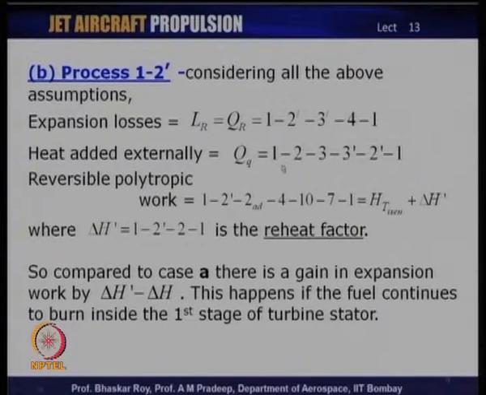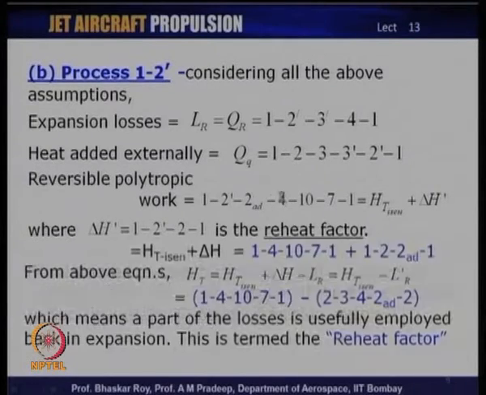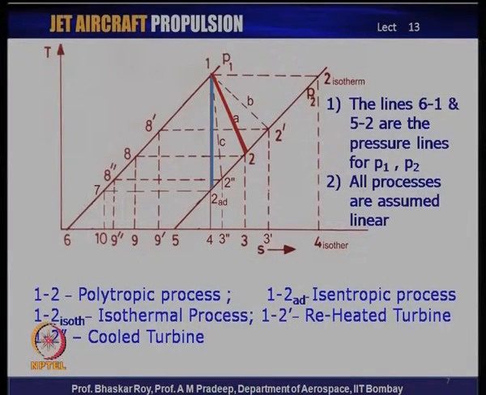Hence the reversible polytropic work can now be written in terms of 1 2 prime to adiabatic 4 1 as we had done before, and that will be delta H isentropic plus delta H prime. Same thing we have done for case 1, case A.